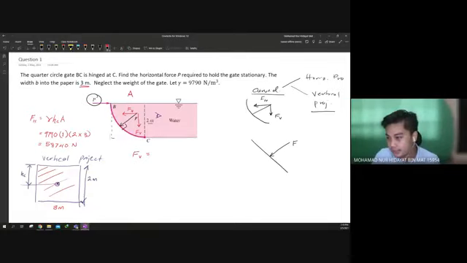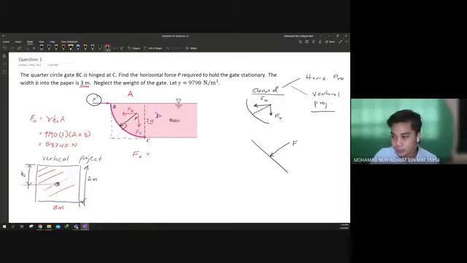You see here, right? So you look at here. Okay. So what is the force in the vertical direction? Definitely the weight of the water here, right? The weight of the water here from the surface until here.